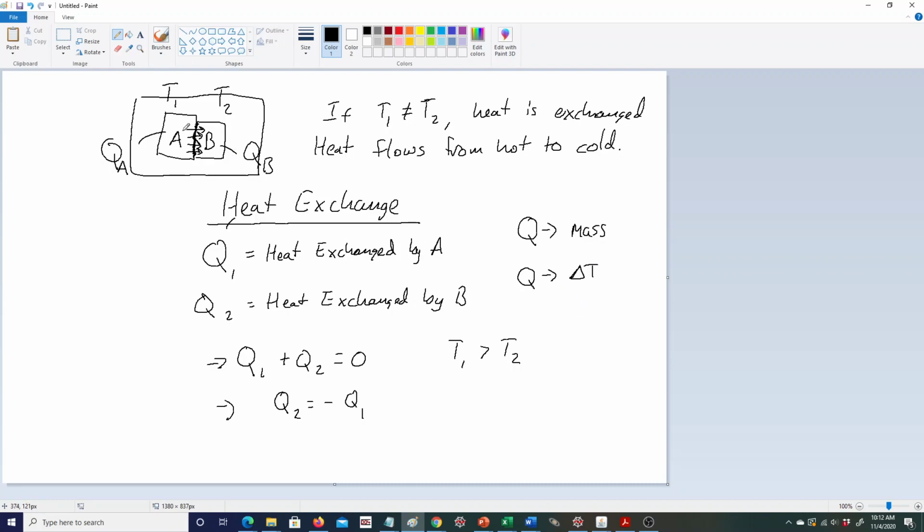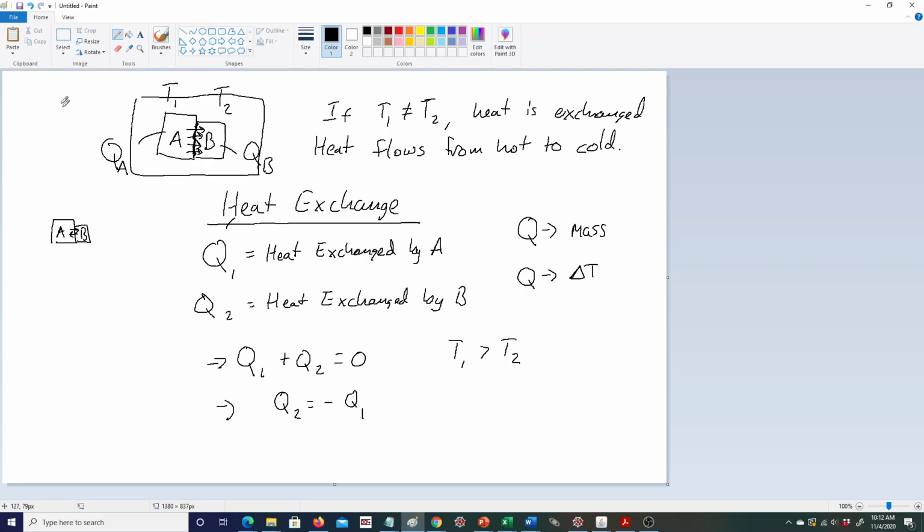If the temperature T1 of object A is much larger than T2, then I'm going to have a lot more ability for heat to be exchanged in one preferred direction over the other. Once objects are in thermal equilibrium, thermal energy is just as likely to be exchanged in either direction.